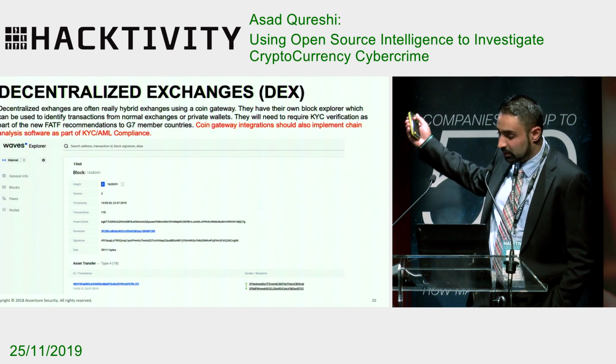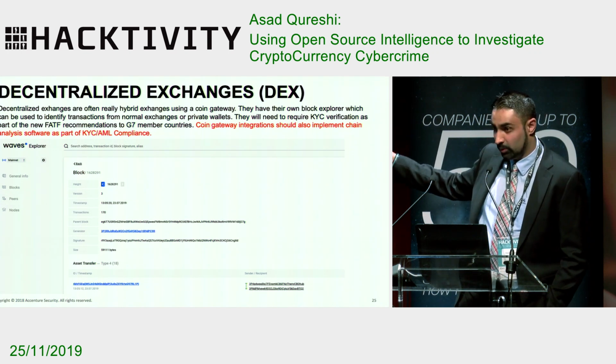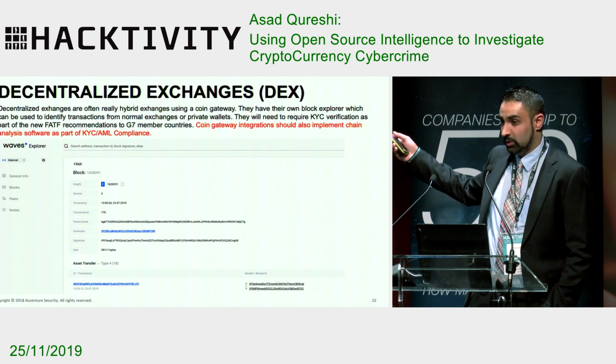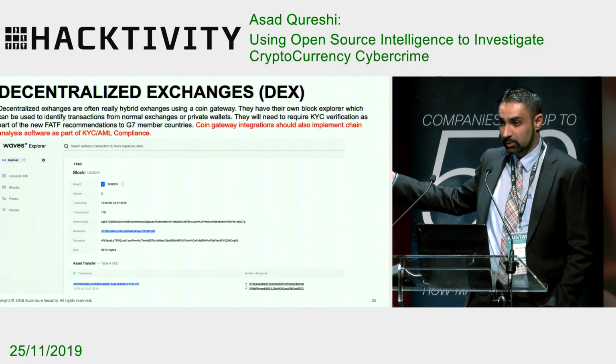The KYC is now being rolled out to decentralized exchanges as well.